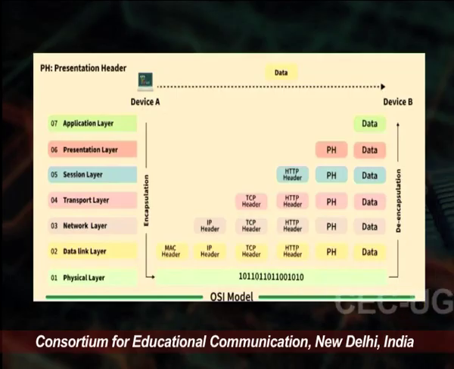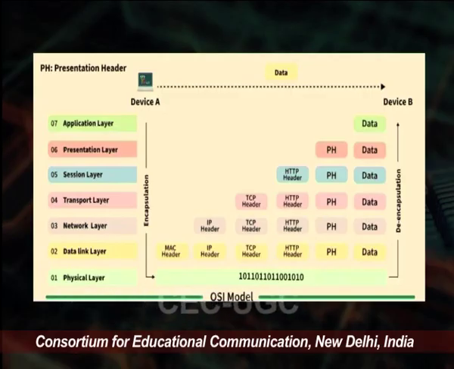So, an opposite function is being performed by the same layers of the sender and the receiver. Then at the network layer, the MAC header has already been removed, and the IP header is no more required, because that information has been consumed. Then on top of it, at the transport layer, the data available is the TCP header, HTTP header, presentation header, and the data itself.